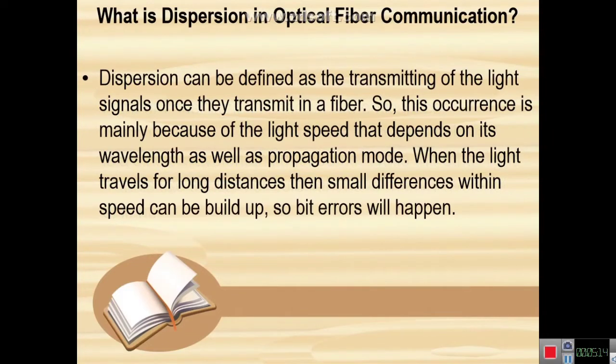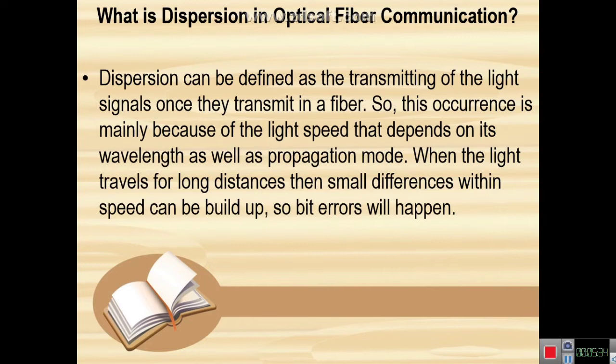What is dispersion in optical fiber communication? Dispersion can be defined as the spreading of the light signals once they transmit in a fiber. This occurrence is mainly because of the light speed that depends on its wavelength as well as propagation mode.